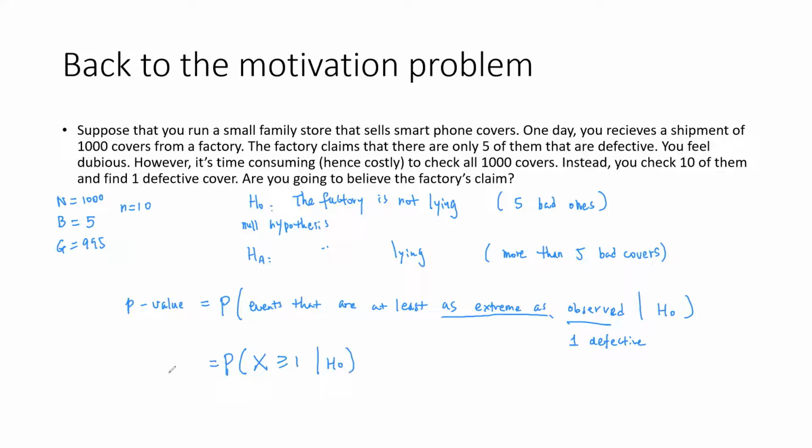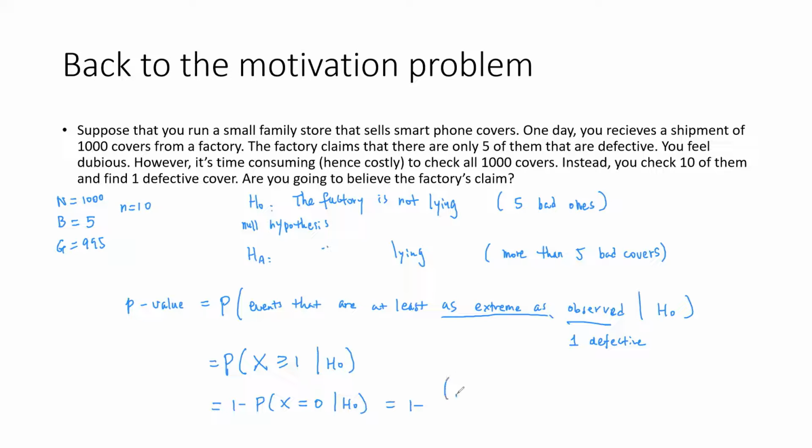Now we can use the model to find the probability. X greater than or equal to 1, it's easy to use the complement rule. The opposite of greater than or equal to 1 is 0. That means all are good.